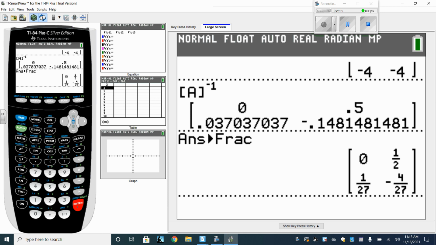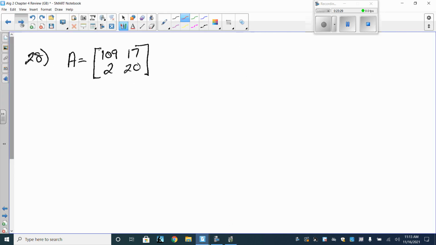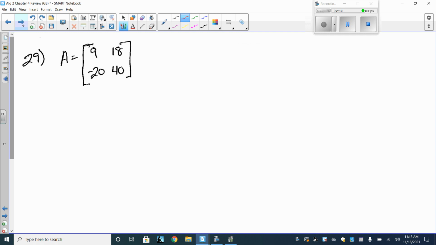Any other questions on the inverses? Now we do know a matrix does not have an inverse if the determinant has what value? Y'all remember? The determinant can't be what? Take a guess. 0.